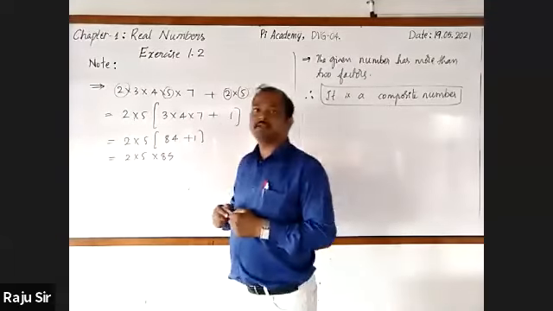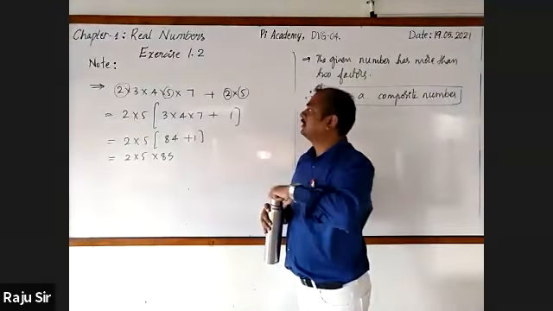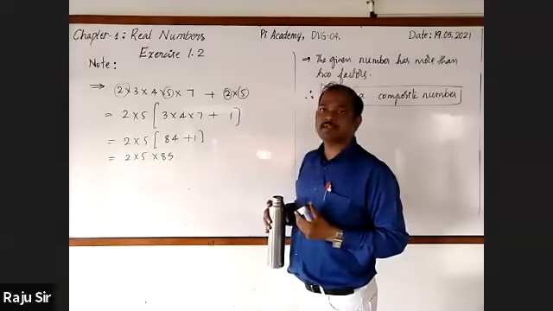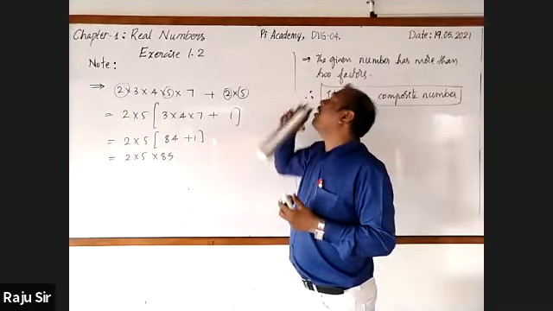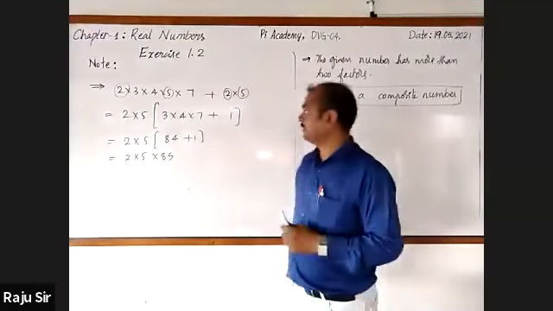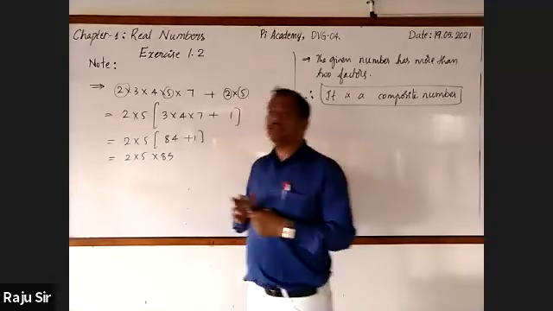Take the common factor, that is 2 and 5. Write the remaining factors: 3 into 4 into 7 plus 1. Then 2 into 5 into 84 plus 1, 85.